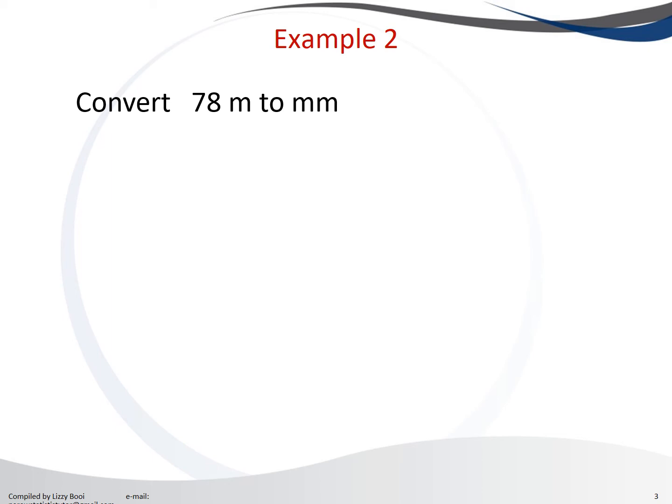So I'm also going to call this x. We're going to say 78 meters divided by x is equal to how many millimeters? So we have 1 meter is equivalent to 1,000 millimeters.